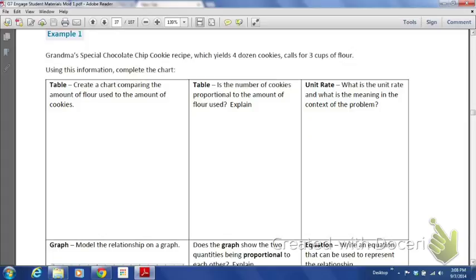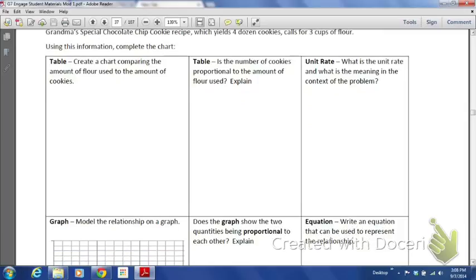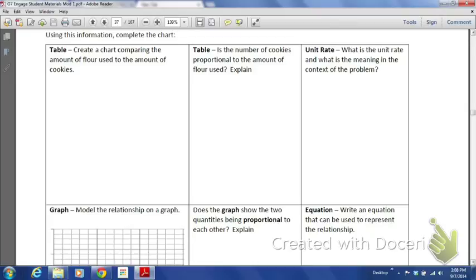Okay, so you're going to use that information to complete this chart, and this is similar to what we did in your snapshot poster submission. Right here, you're going to create a table.